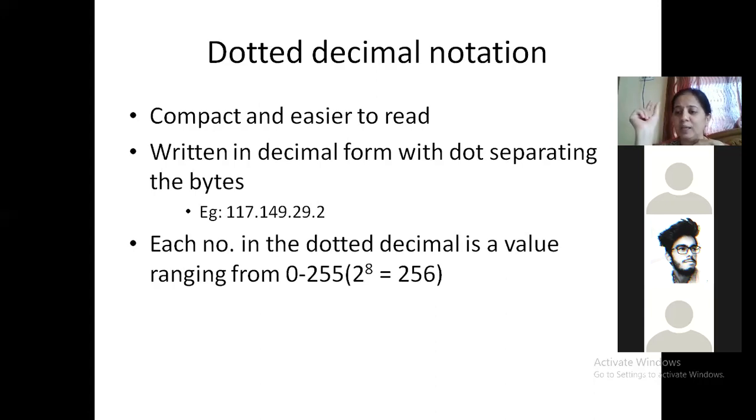Another 8 bits for another part, another 8 bits for another part, last 8 bits for the last part. 8 4s are 32 bits. Okay, so 4 parts are going to be there and each value will be ranging between 0 to 255. 2 to the power of 8 is equal to 256. So the value will be in the range 0 to 255. I hope I'm clear till here. Everybody is understanding this?